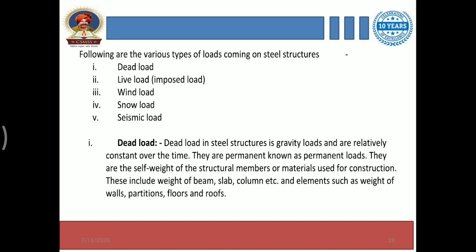So, the loads considered are dead load, live load, or imposed load or superimposed load, then wind load, snow load, seismic load. These are the loads considered, and these are mentioned in the IS code.